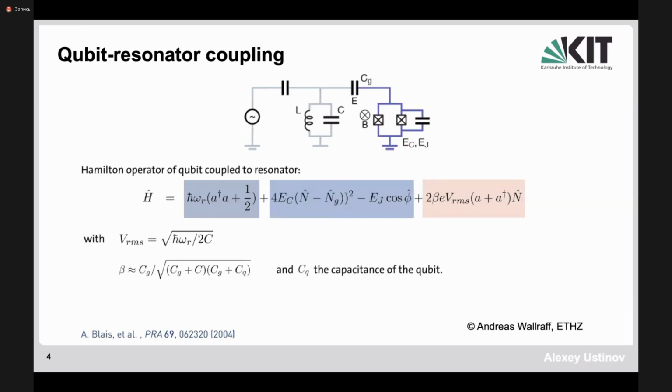Now, the key technique which is used for reading out superconducting qubits is dispersive readout. Dispersive readout is, as we discussed already, achieved by coupling the superconducting qubit capacitively or inductively to a cavity, to a resonator.